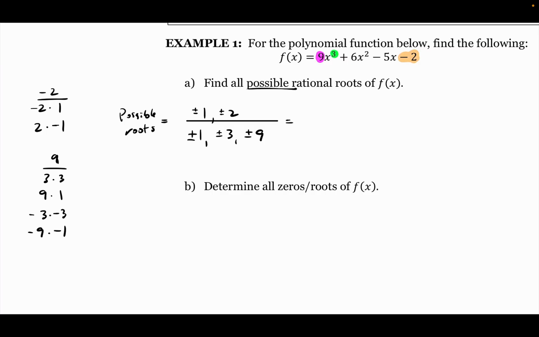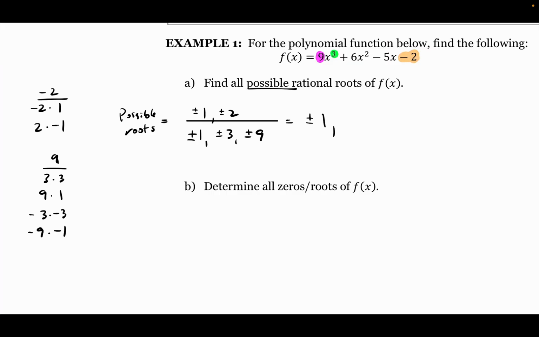Let's start with 1. What's 1 divided by 1? 1. What's negative 1 divided by 1? Negative 1, right? So 2 possible candidates are positive 1 and negative 1. Now let's do 1 divided by 3.